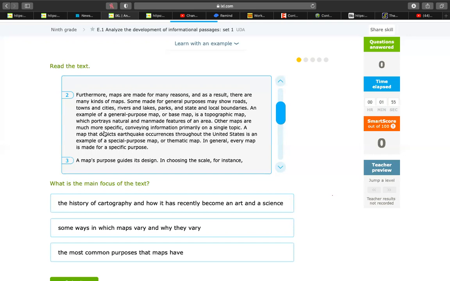Other maps are more specific, conveying information primarily on a single topic. A map that depicts earthquake occurrences throughout the United States is an example of a special purpose map or thematic map. In general, every map is made for a specific purpose.